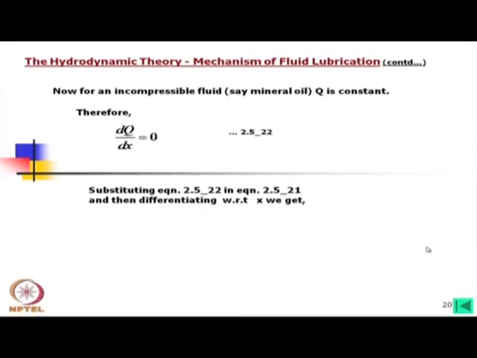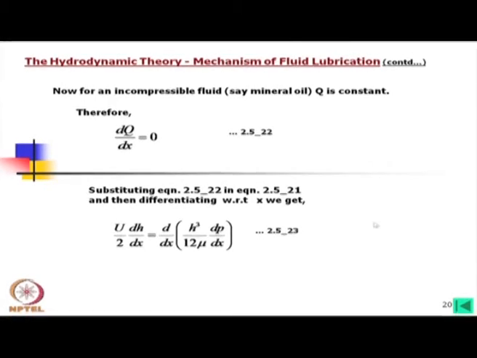Then substituting equation 2.522 in equation 2.521 and differentiating with respect to x, we get u by 2 del h by del x is equal to d by dx of h cube by 12 mu dp by dx.